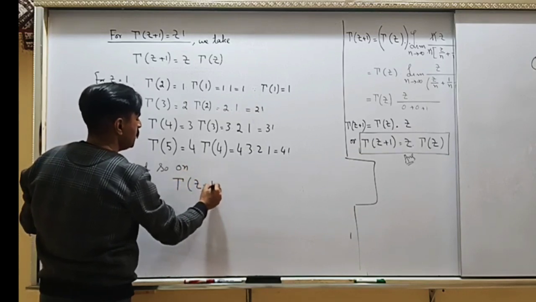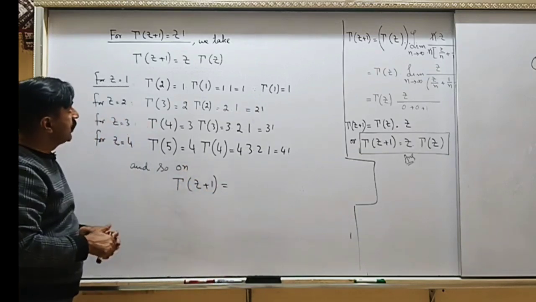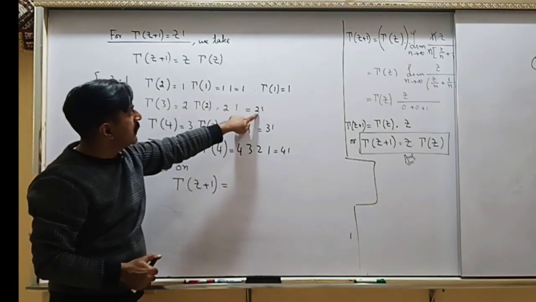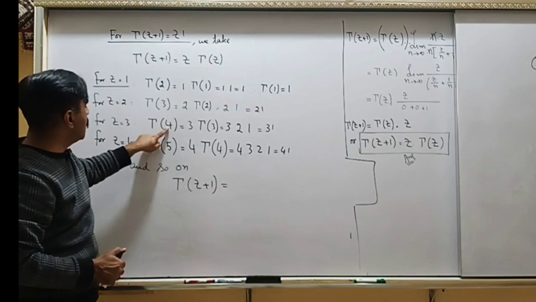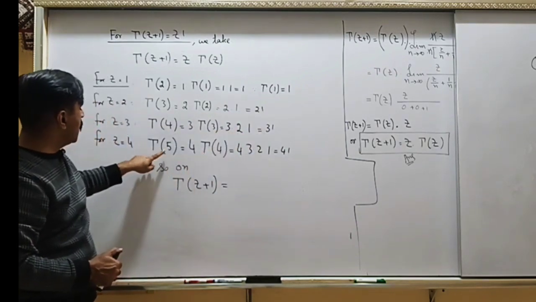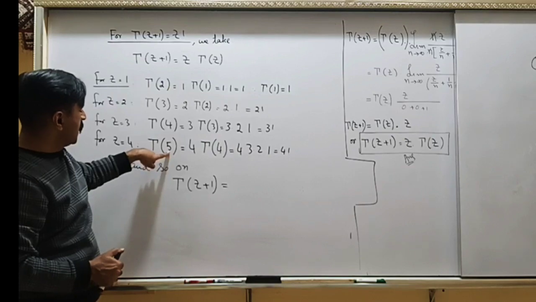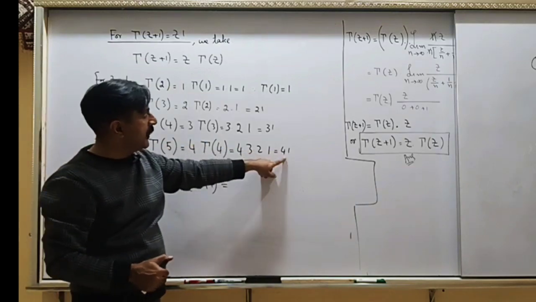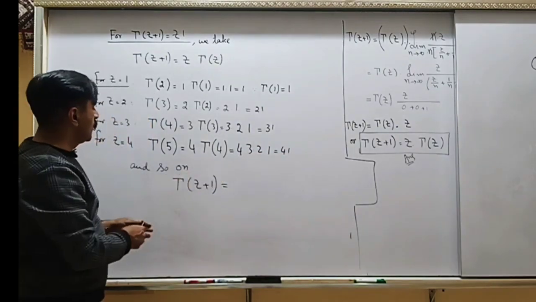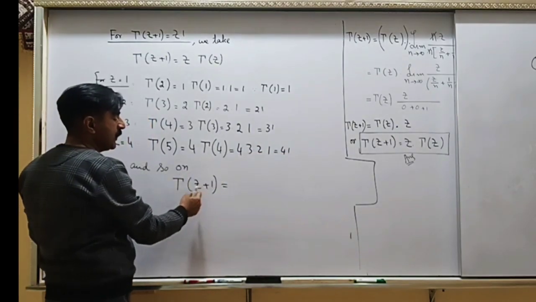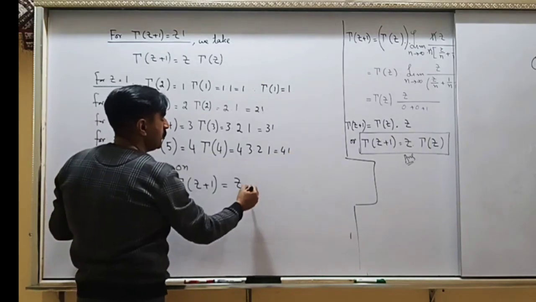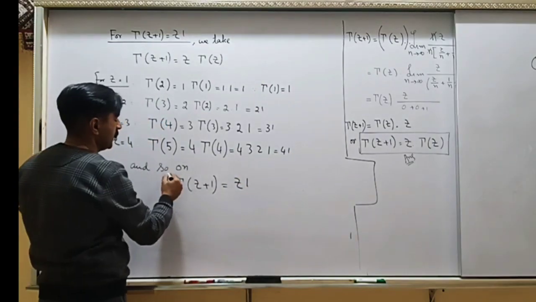Look, if argument of gamma is 3, then the factorial is 2. If argument of gamma is 4, then the factorial is 3. And if argument of gamma is 5, then the factorial is 4, meaning 1 less. So if you do this, 1 less, that will be z, and there will be a factorial sign.